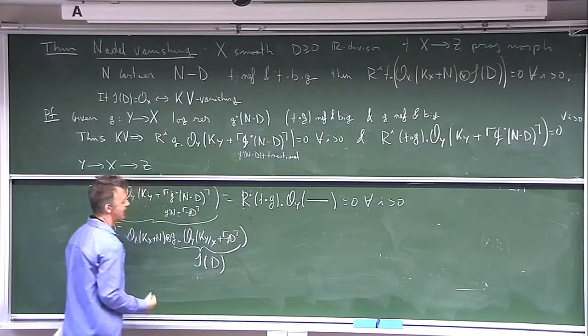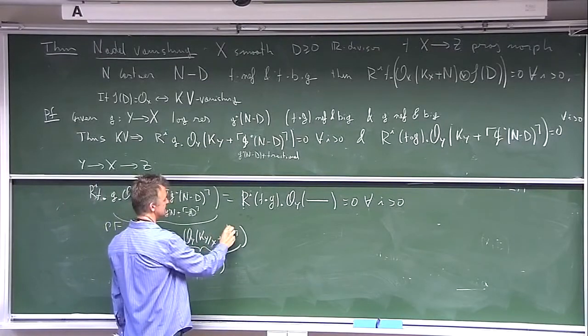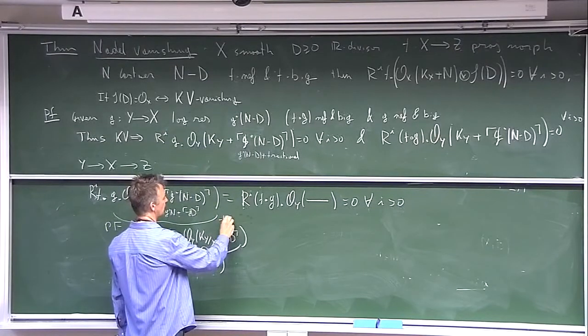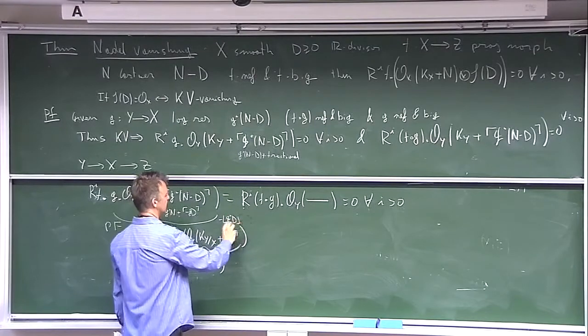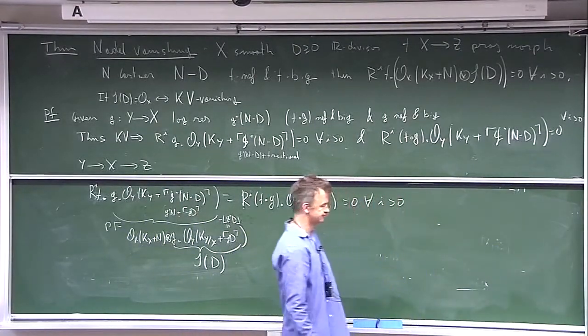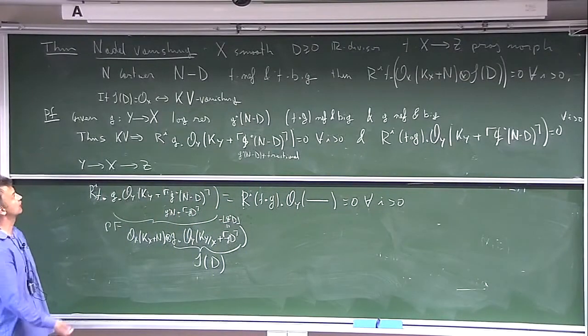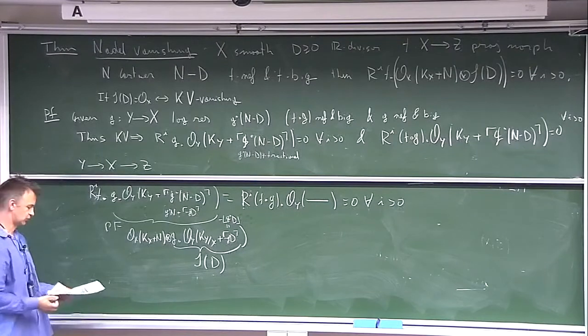And secondly, the round up of minus G upper star of a divisor is the same as minus the round down of that divisor. And now, hopefully, it's really matching the definition. Okay, so that's how you go from Kawamata-Viehweg vanishing to Nadel vanishing.